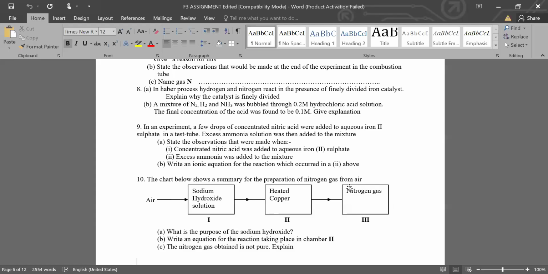I said the gas nitrogen obtained is not pure because it contains noble gases, e.g. argon.